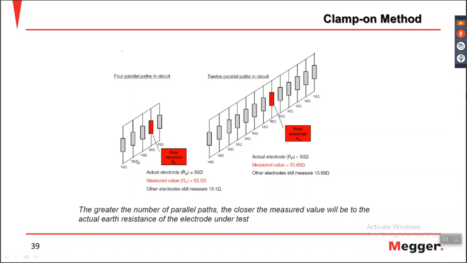But if you measure on other parts, it will be the same 13.1. So at least you know which part has a problem, a poor electrode, with this method. As long as you don't really need an accurate measurement, I think this method is very useful for you.